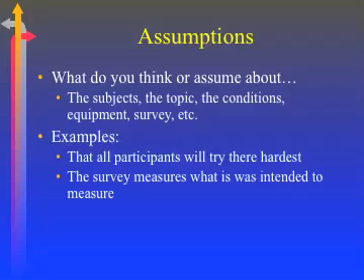We are assuming that all our participants will try their hardest when they do whatever they're going to do. We're assuming that the survey actually measures what it's intended to. We're assuming that all the subjects will actually show up. We're assuming that the training exercise that we're doing will actually have an effect on the cardiorespiratory endurance.